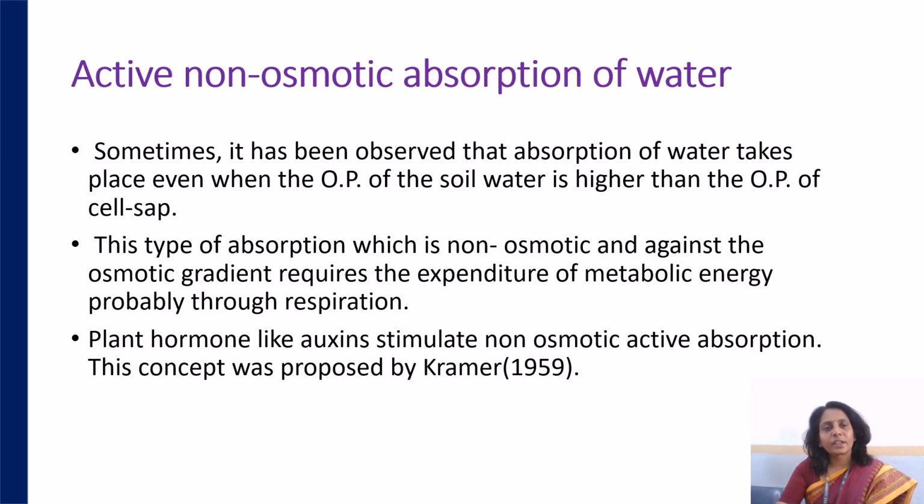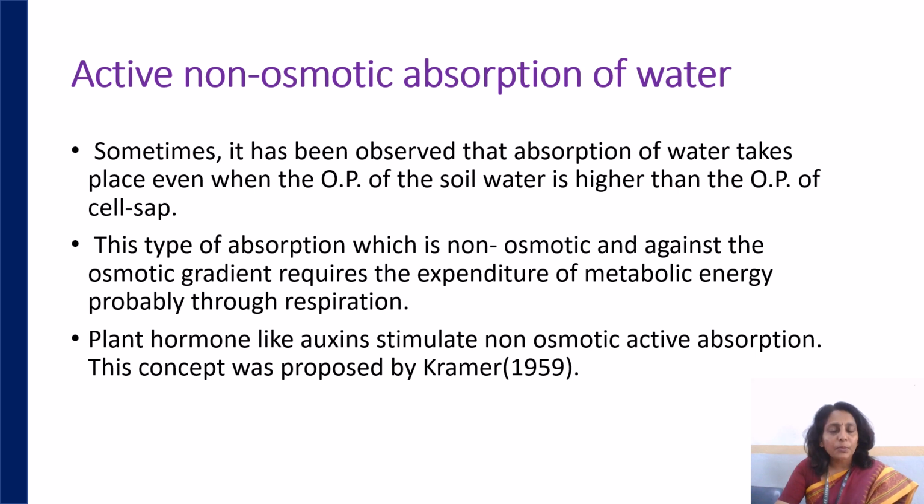Let us now look into the active non-osmotic absorption of water. Sometimes we see that the absorption of water still takes place even when the osmotic pressure of the soil water is much higher than the osmotic pressure of the cell sap.